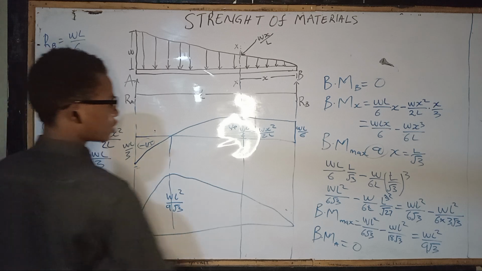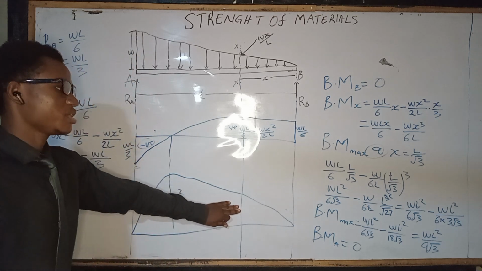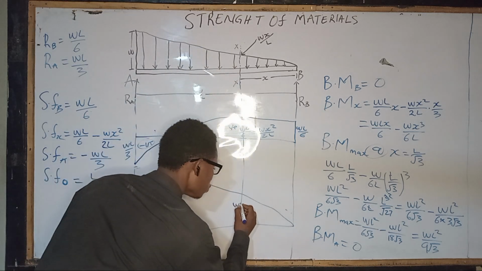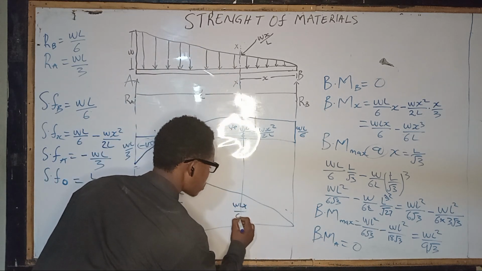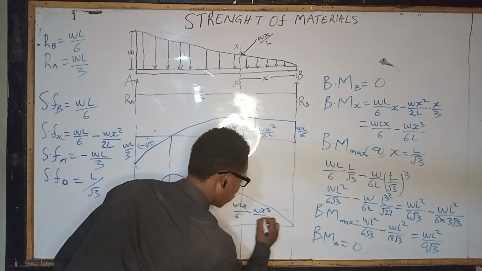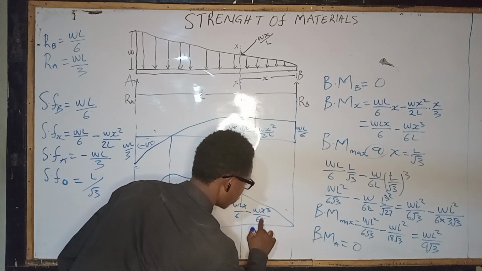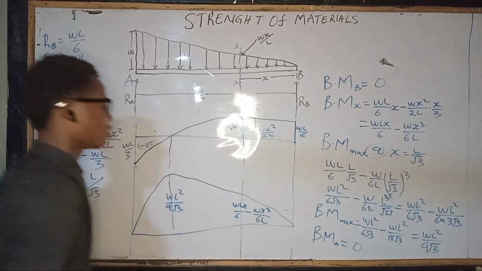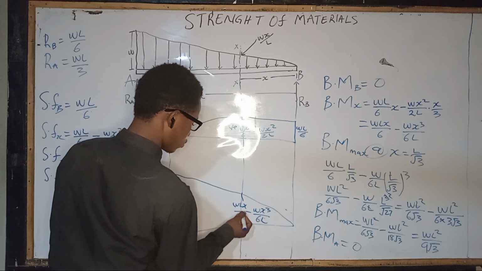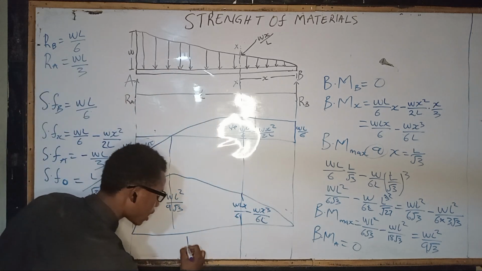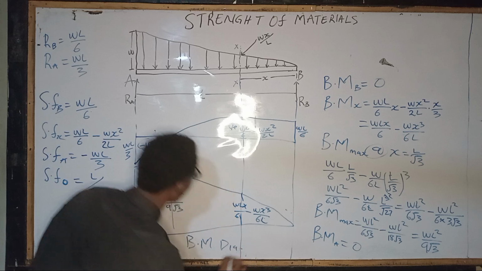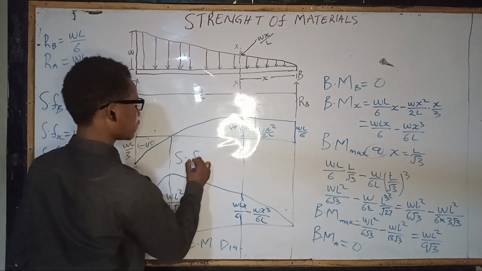This is 0 and this is 0. And the bending moment at X right here is WLX over 6 minus WX cube over 6L. So that will be our value for our bending moment diagram and our shearing force diagram.